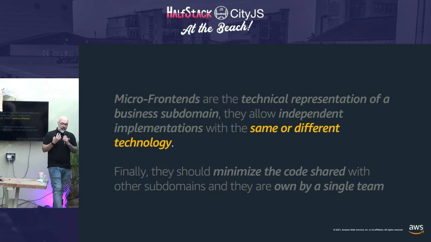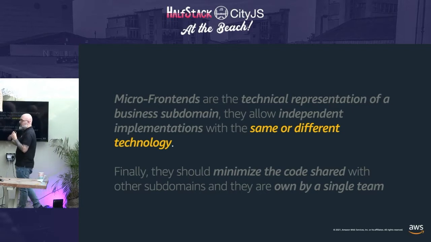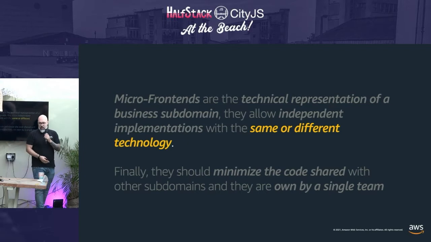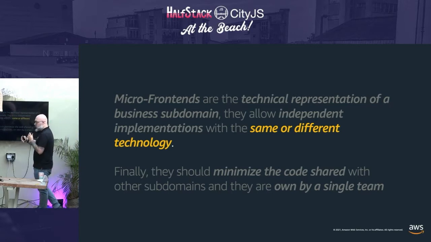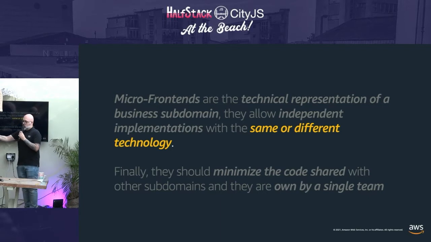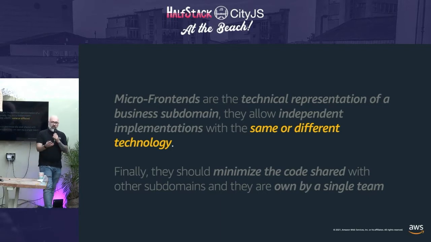But there is one use case that I think is very compelling for micro-frontends for using multiple technologies. That is when you want to migrate a legacy application towards this world of micro-frontends. And the beauty of this is that you can potentially use a different framework or the same framework with a different version and slowly but steadily kill the legacy application using patterns like the strangler pattern that is well known in the microservices world.